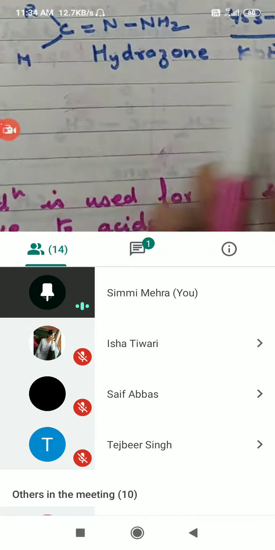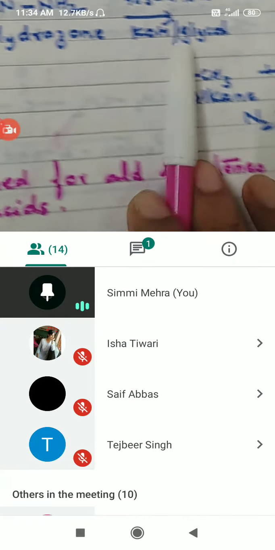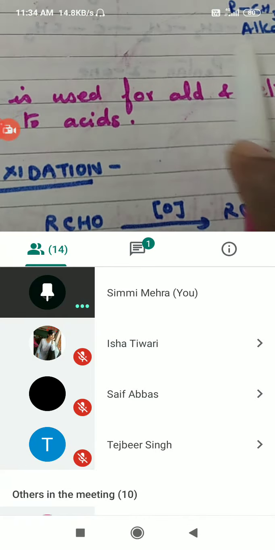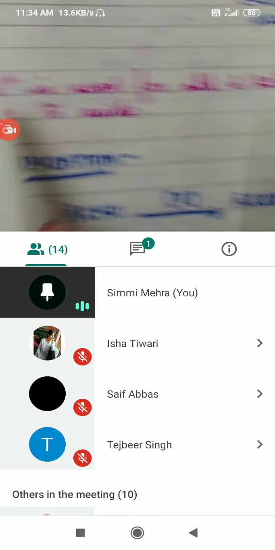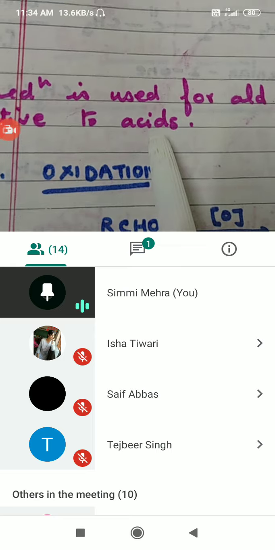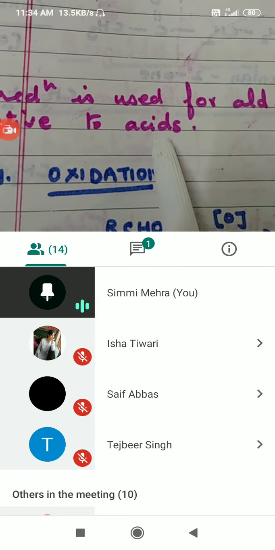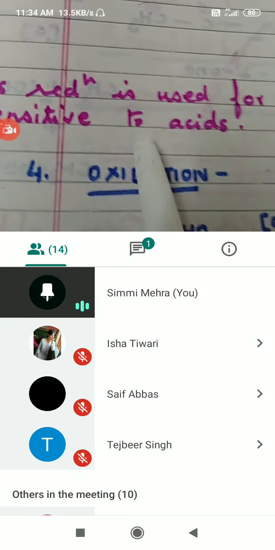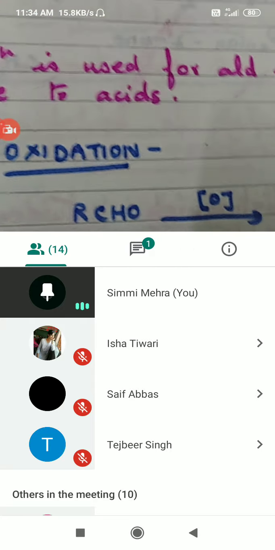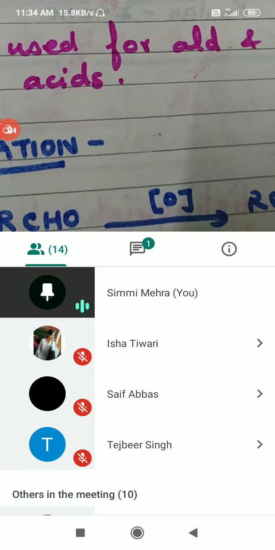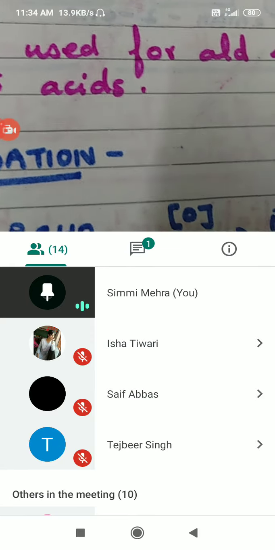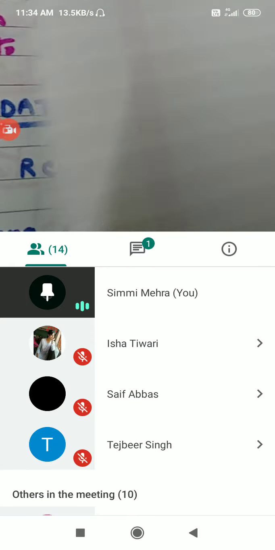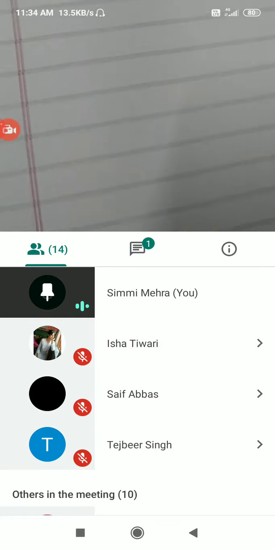It first forms a hydrazone and then it forms a hydrocarbon, that is an alkane. This reduction is used for aldehydes and ketones sensitive to acids. As compared to Clemmensen's, Wolff-Kishner is used if they are sensitive to acids. Now, the difference between the two reactions is only in the reagent. The first one uses zinc amalgam and HCl, and the second one uses hydrazine.